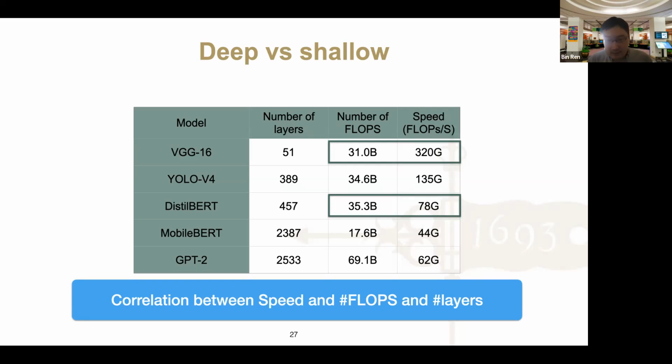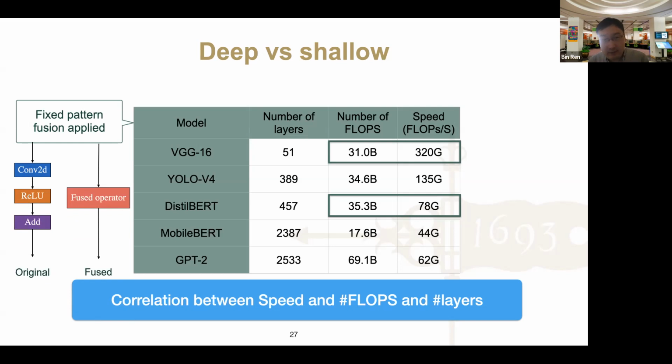The answer is, of course, we can. Actually, in this result, we have already used an operator fusion technique called fixed pattern fusion. This technique is also widely used in TensorFlow Lite, TVM, and MNN, which are very famous DNN execution frameworks on mobile devices.